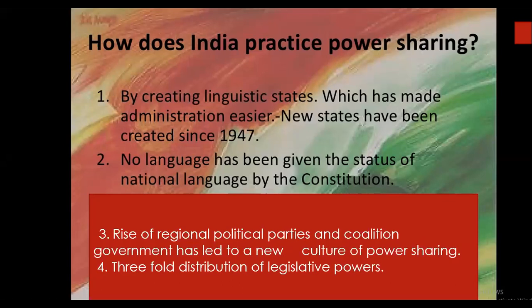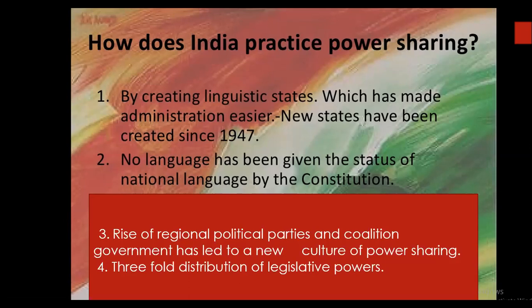By creating linguistic states, which has made administration easier, new states have been created since 1947. No language has been given the status of national language by the constitution. That means we have not made any language our national language. Why have they done so?